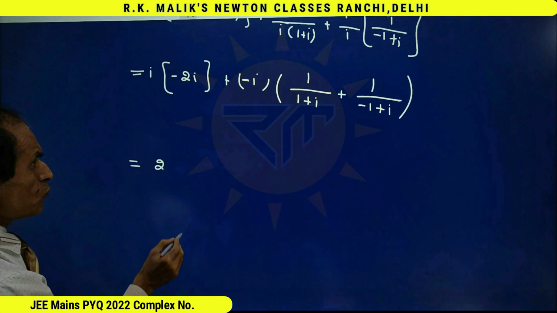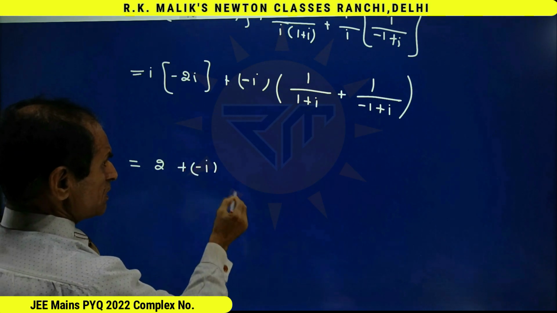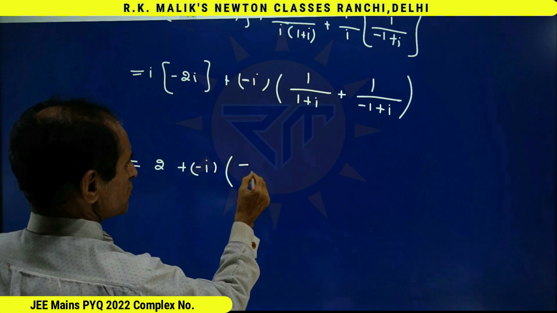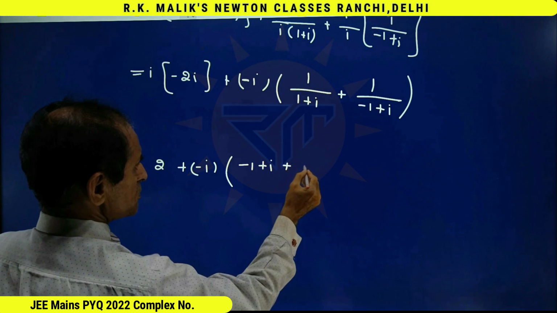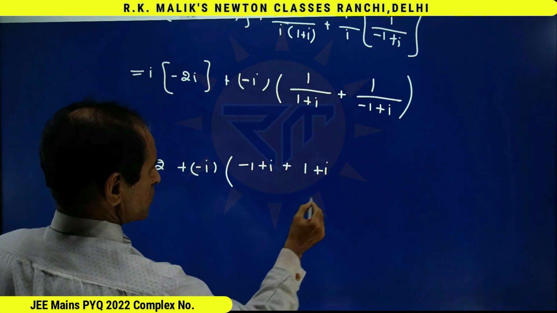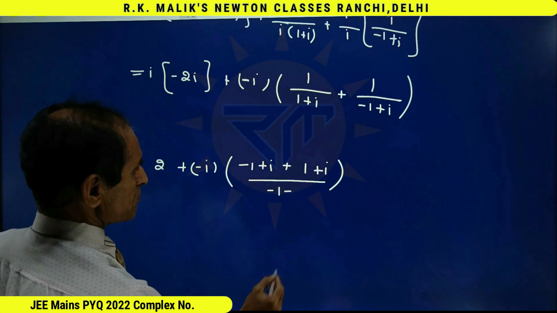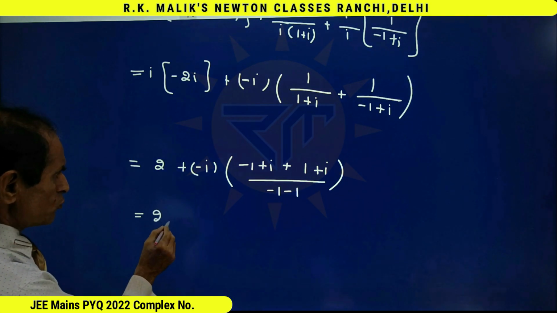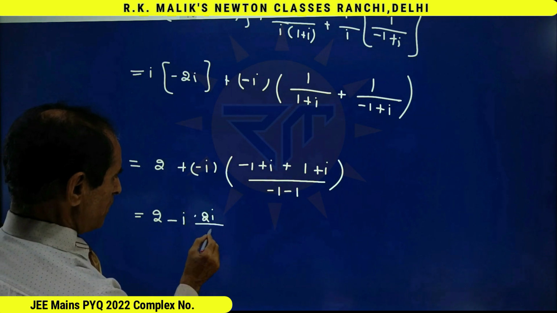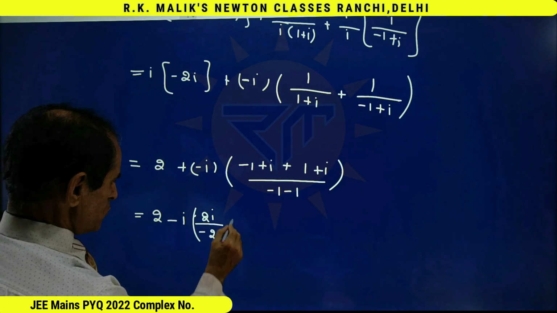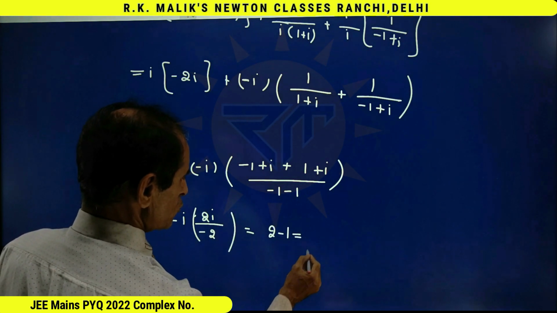This is equal to 2 plus minus i into (minus 1 plus i plus 1 plus i upon minus 1 minus 1). That is 2 minus i into 2i upon minus 2. That is 2 minus 1 equal to 1.